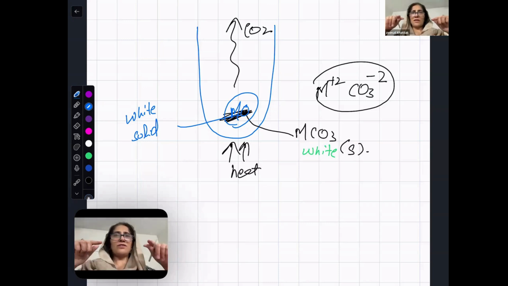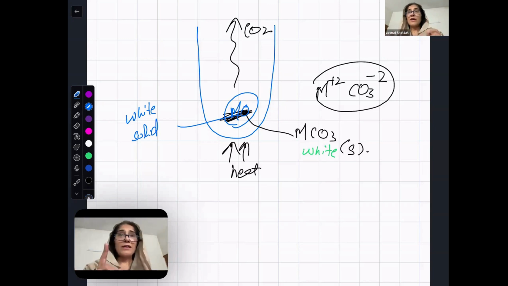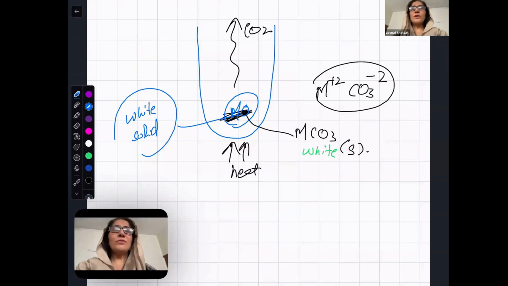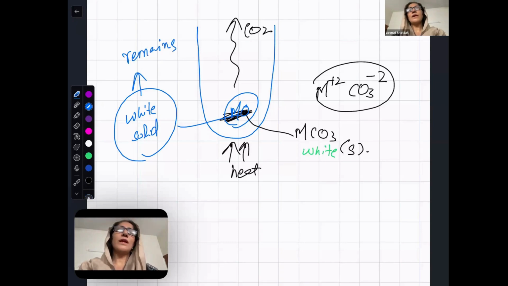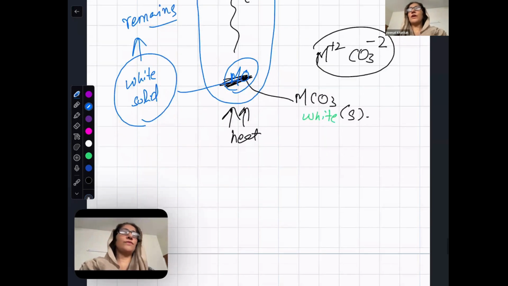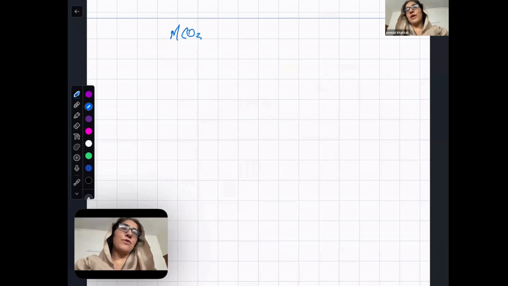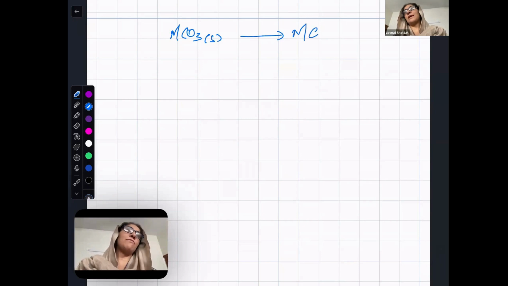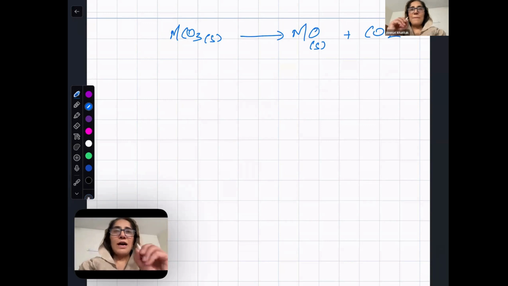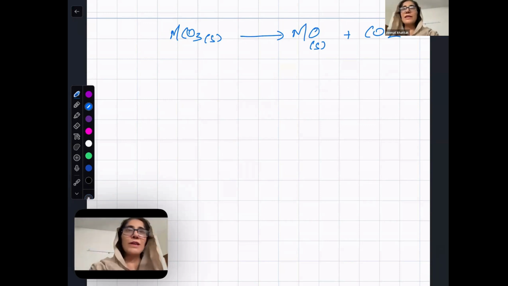No. But if I'm swimming, there would be bubbles. So what is your observation? White solid remains is the only observation. So the metal carbonate, a white solid, breaks into metal oxide, a white solid, and carbon dioxide. The upper ones need low temperature, the lower ones need high temperature.